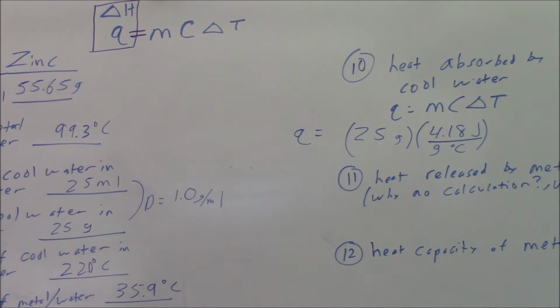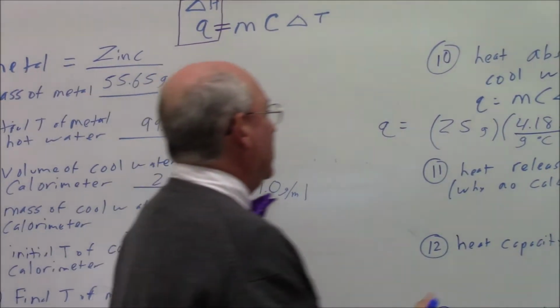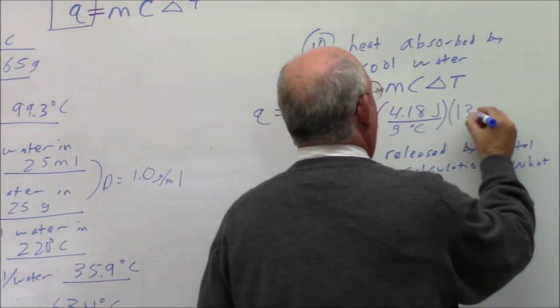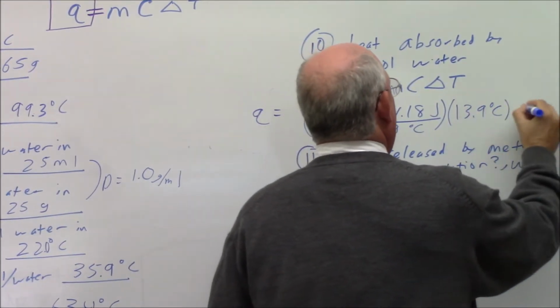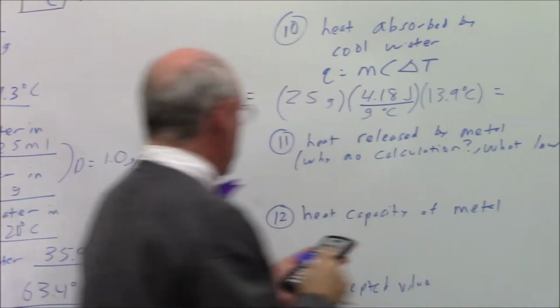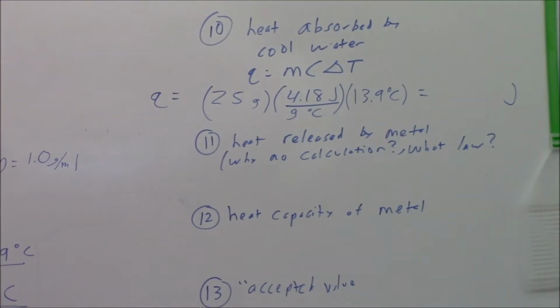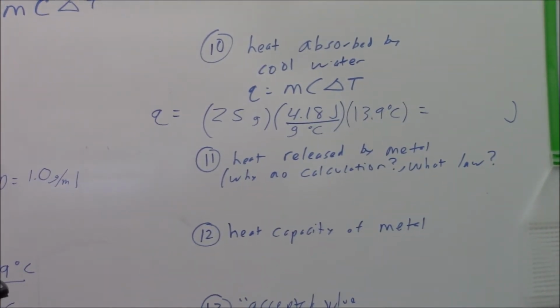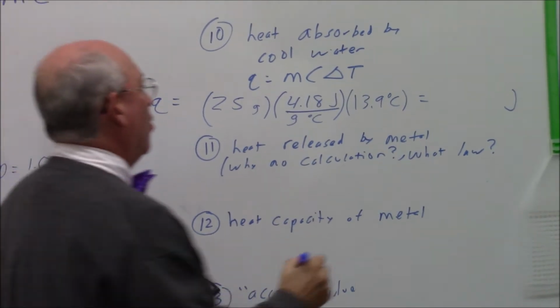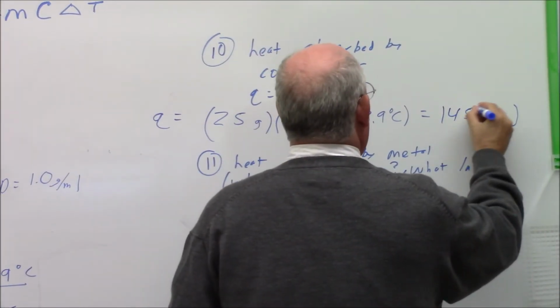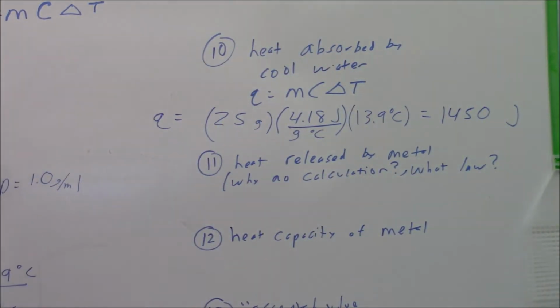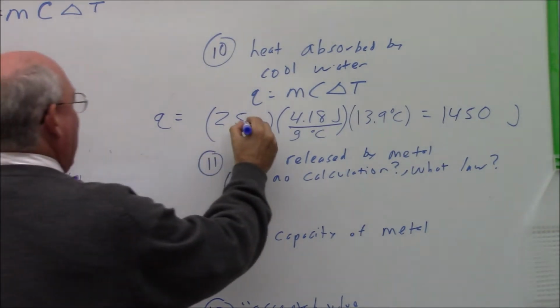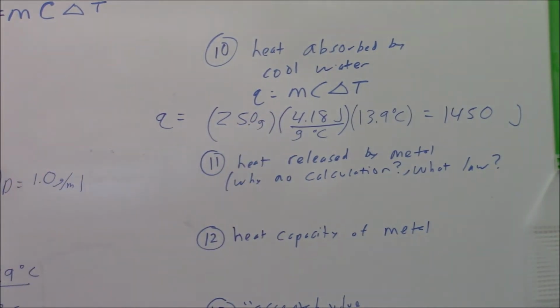It's not a number we'd expect you to memorize. And the temperature change of the water is 13.9 degrees. So I'm going to get joules, a unit of energy, and I'm going to get 1,450 joules to 3 significant figures.